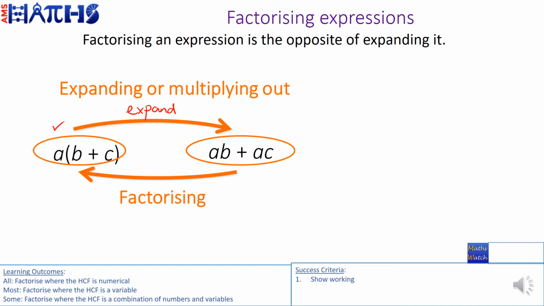When we factorize, we actually will be coming from this side that I'm now taking, and we are going back to reintroducing brackets into our expression. So our factorizing basically is finding factors that will multiply to give us an expression. So a can be multiplied by b plus c to give us the expression ab plus ac.